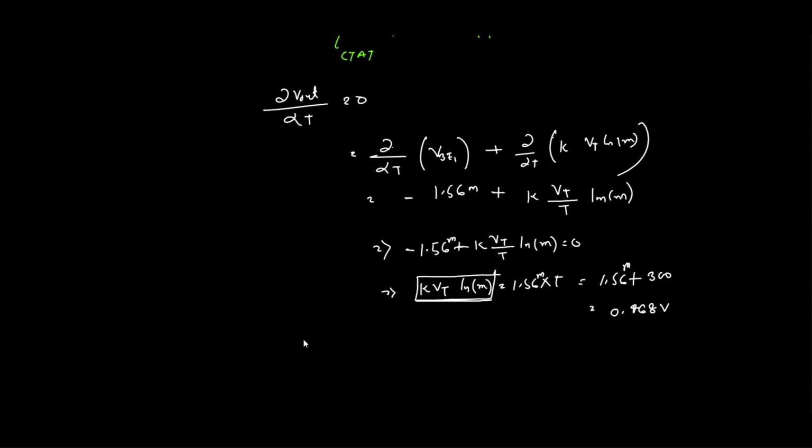So if we add, that means Vout equals VBE1 plus K VT ln M. This one is what? 0.65 plus 0.468, and finally we can get the bandgap voltage, 1.12 volt.